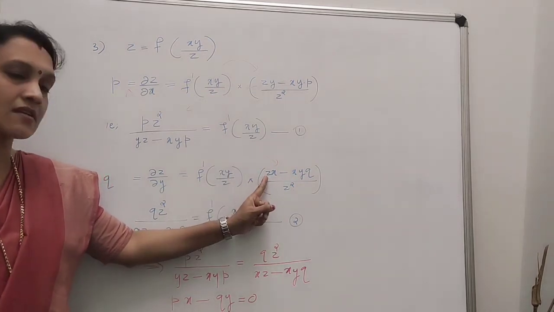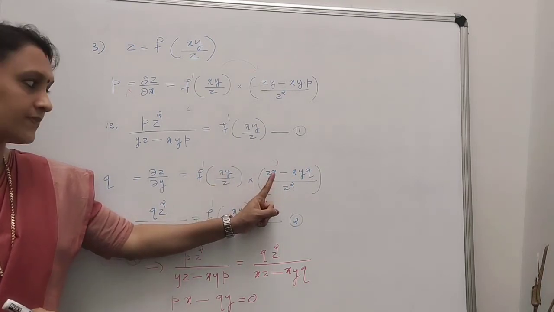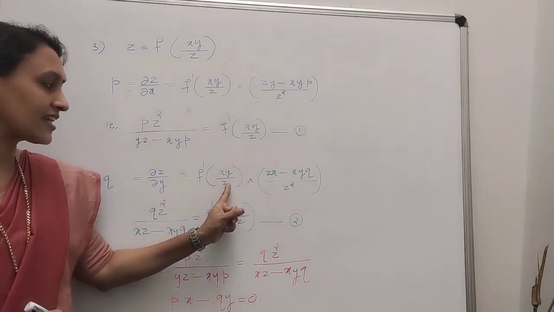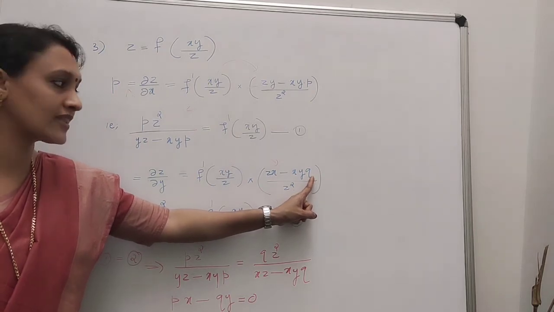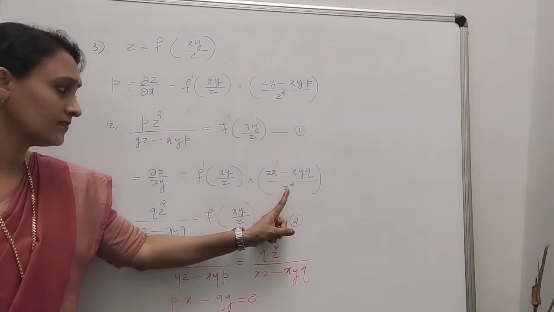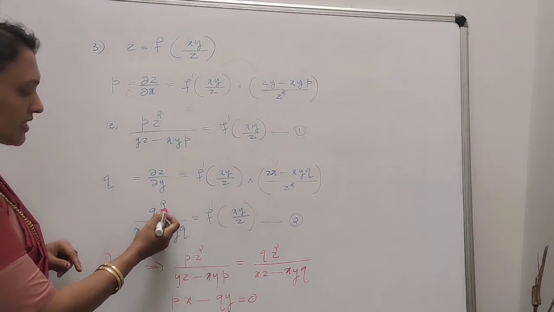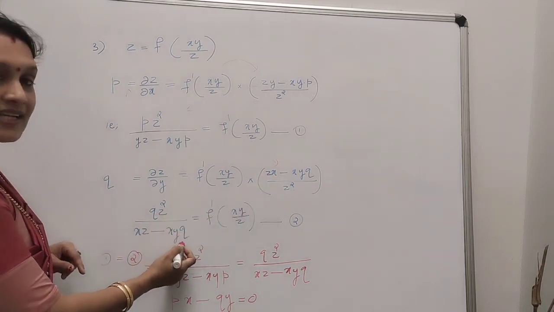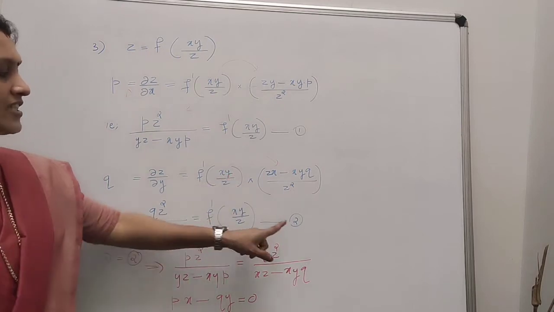So denominator z into derivative of numerator with respect to y, that is x, minus numerator into derivative of denominator with respect to y, so dou z by dou y, that is q, divided by denominator square, z square. Now do simplification, z square multiply here, so q z square divided by (xz minus xyq) equal to f dash of xy by z. Put it as equation 2.